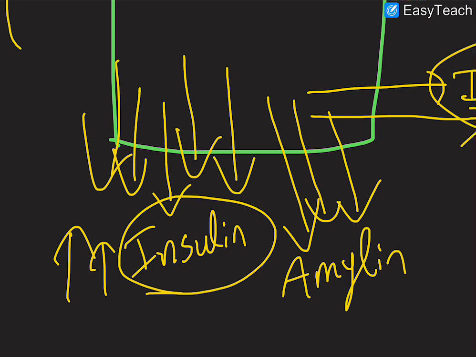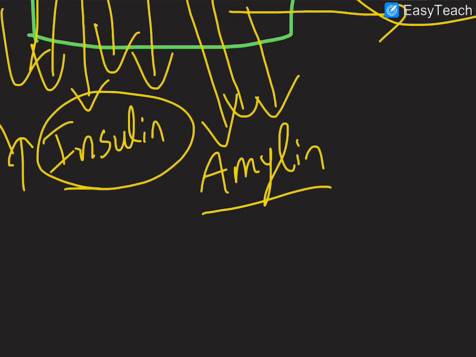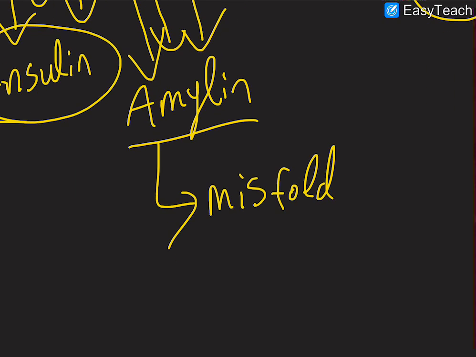Now, normally, amylin is soluble, but if you produce way too much amylin, what can happen is, as we know, what is amyloid? It's misfolded proteins. So if we secrete too much amylin, eventually all this amylin can misfold and then aggregate, right? And where would these amylin proteins aggregate? It would aggregate around the beta cells of your pancreas.